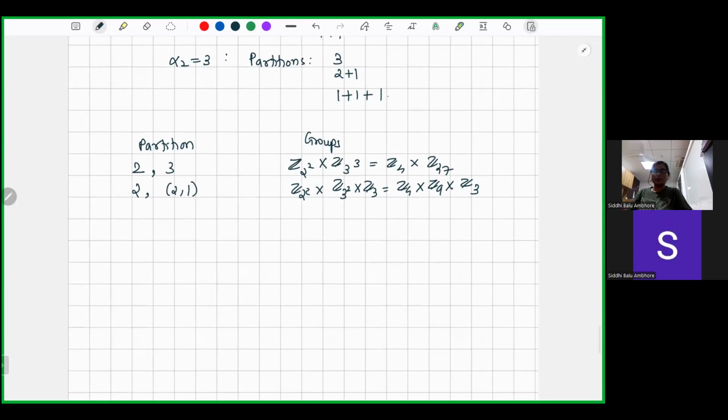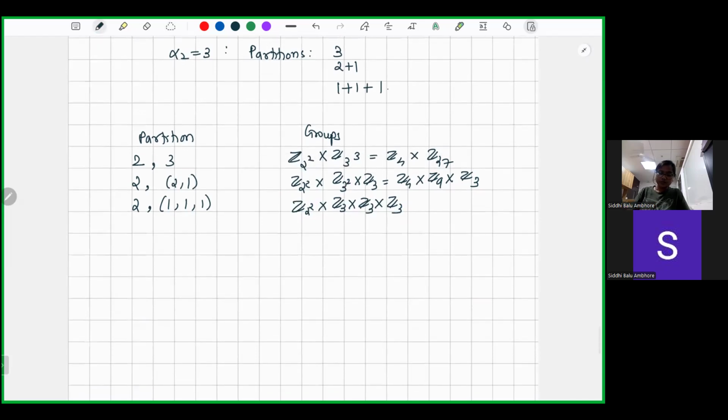Okay, these two groups are different, you can check. And then this 2, I can again club with 1, 1, 1, the third partition of 3. That is Z2 square cross Z3 cross Z3 cross Z3. Again, powers are 1, so it remains as it is.